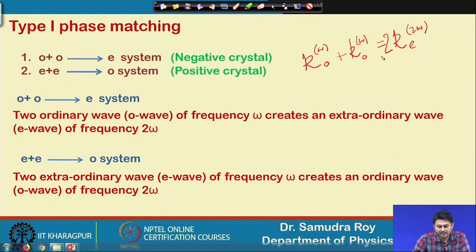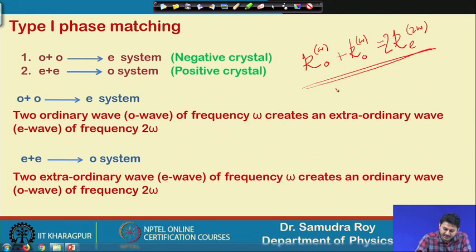If this is the structure in terms of k, then I can say, as written here, that two ordinary waves, or O waves, of frequency omega create an extraordinary wave of frequency 2 omega. So, in the k domain, this is the expression.